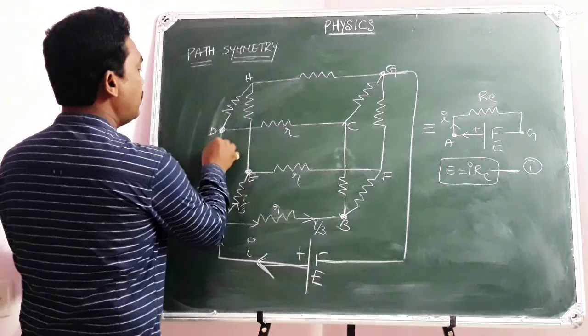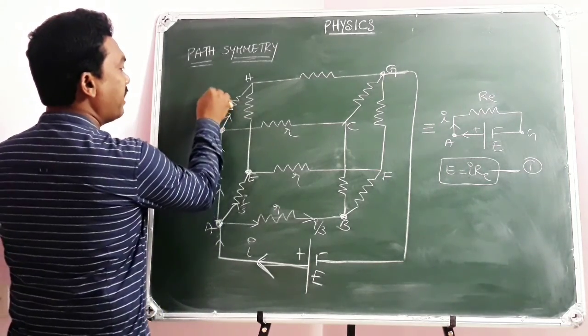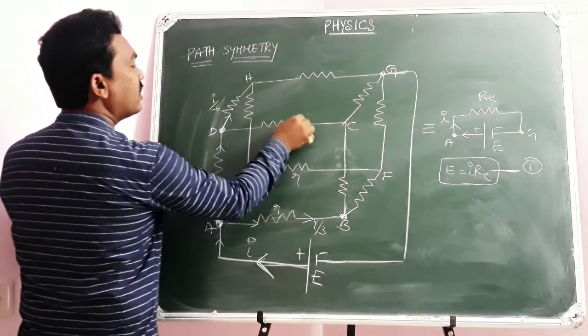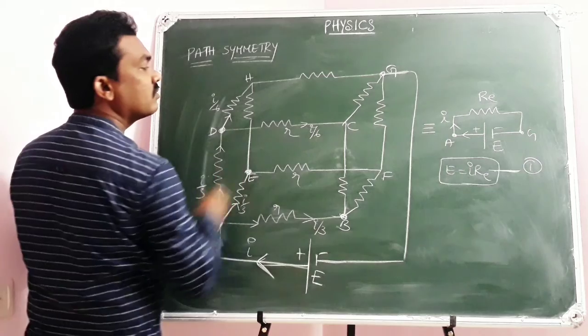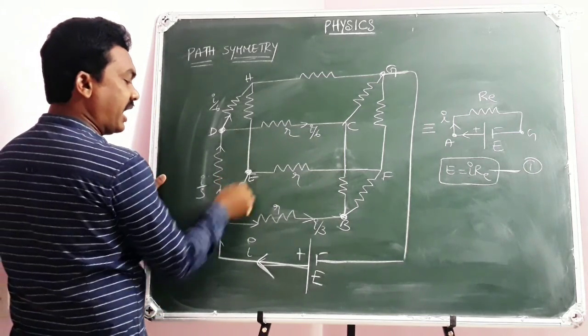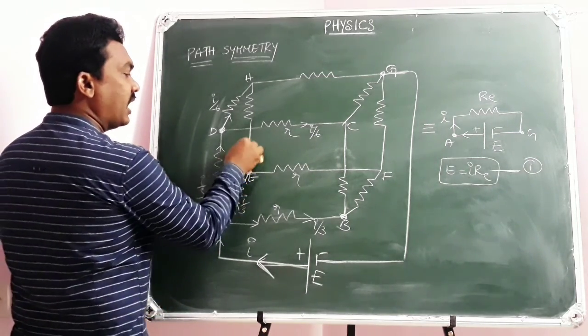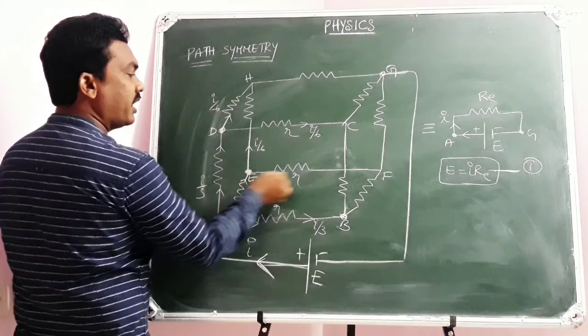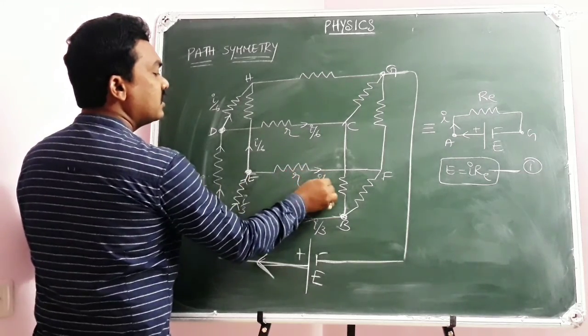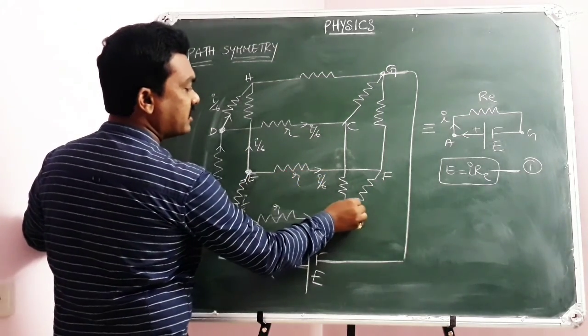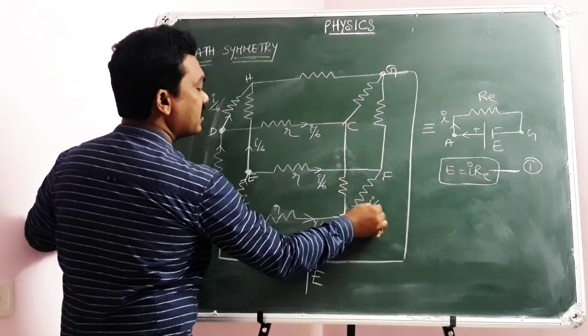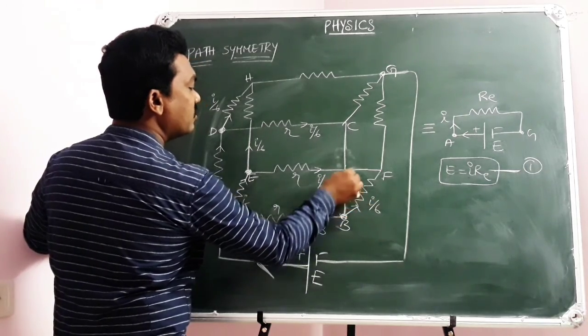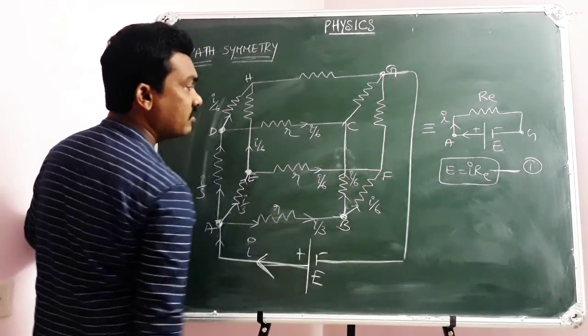That's why I by 3 will divide again as I by 6 and I by 6 at D. And at E, I by 3 will divide as I by 6 and I by 6. Similarly at B, current divides as I by 6 and I by 6 because it is equally distributed by 2.